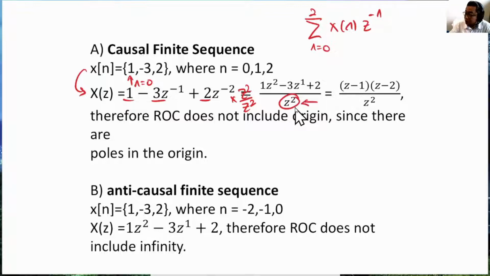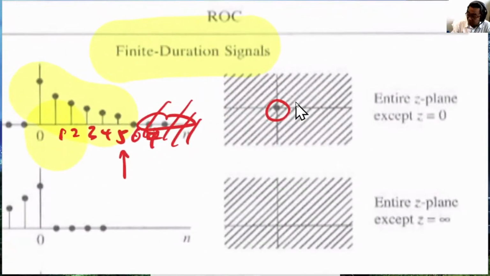Now, when we substitute z equals 0 into the denominator of this expression, the whole expression X(z) becomes infinity. So at the origin, where this is the real part of z, and this is the imaginary part of z, there is a hole here. The region of convergence cannot include the origin.